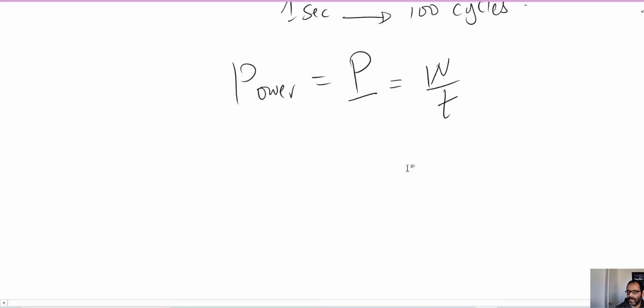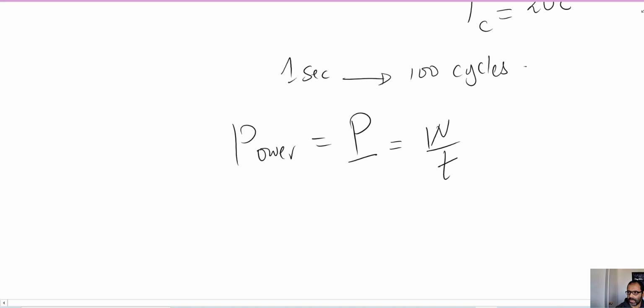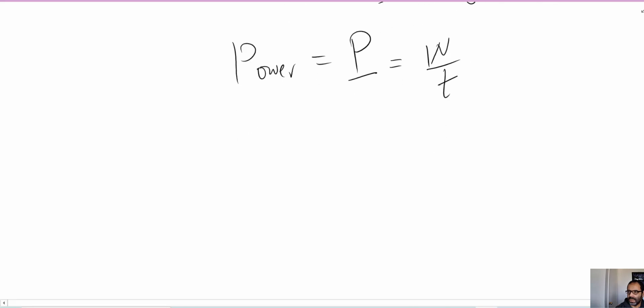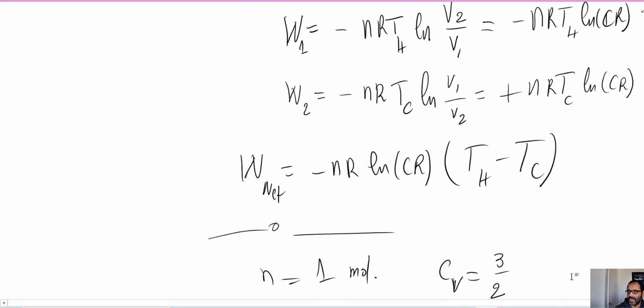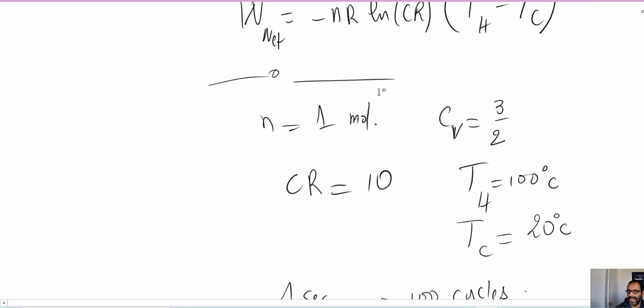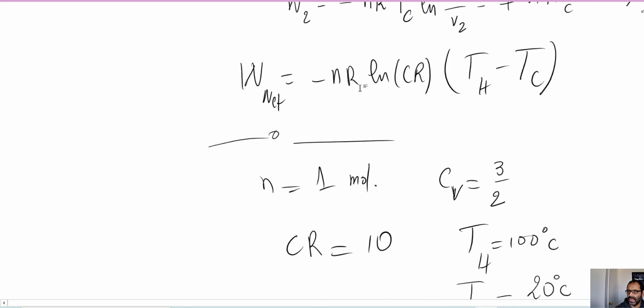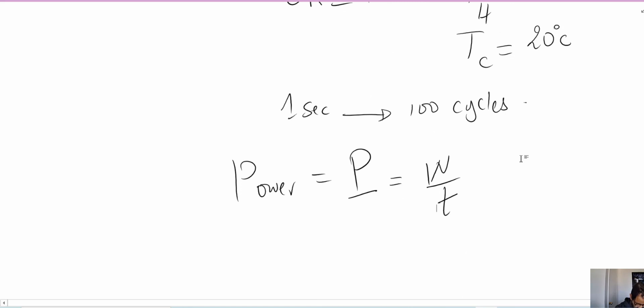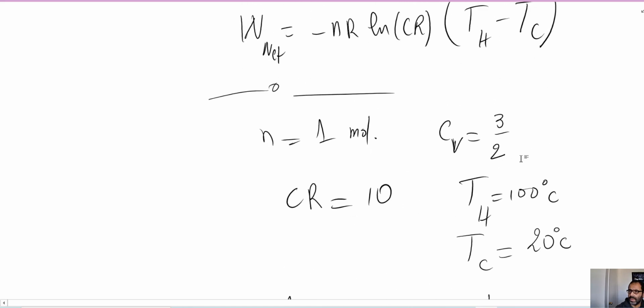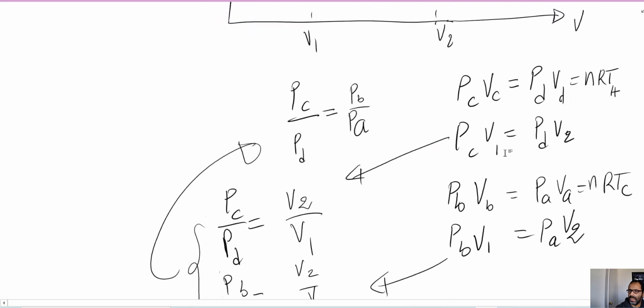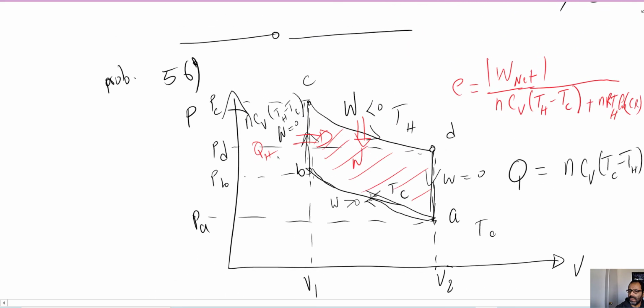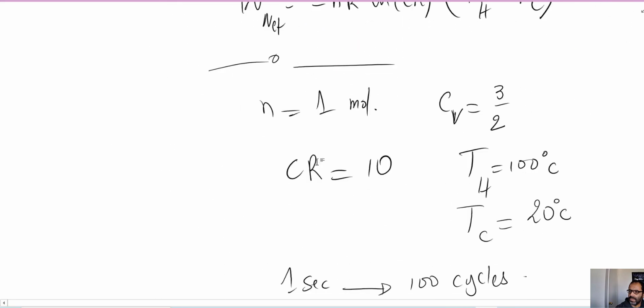You need to find the work of 1 cycle. The work of 1 cycle is given by this expression: minus nR ln of CR times the difference in temperature, and n is given, R is given. So we don't need CV at all. It's just the power that concerns us. There is no work in here, so the net work, we're done.